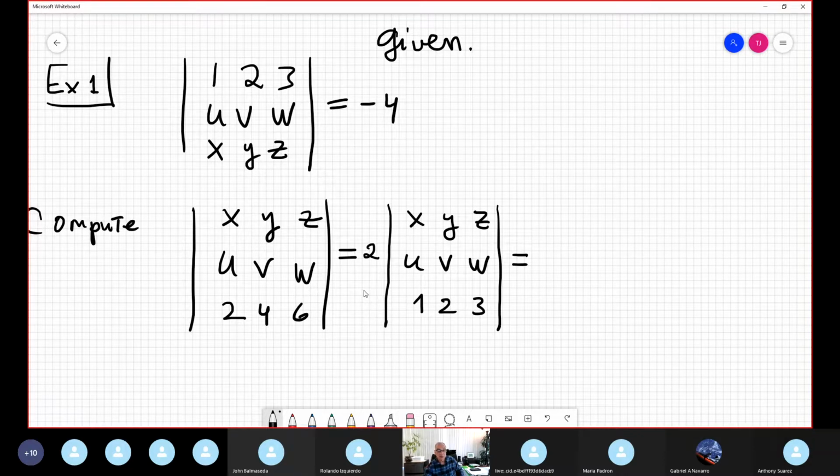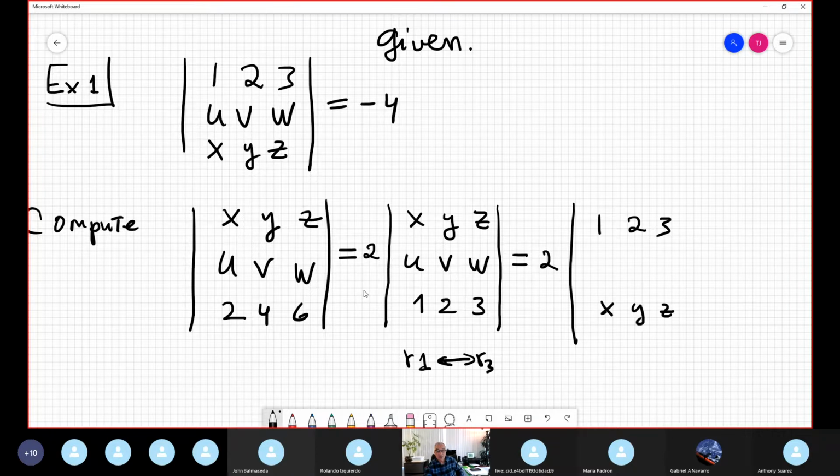For example, you swap row 1 and row 3. So, 2, don't forget that 2. When you swap and you put 1, 2, 3, and you put here X, Y, Z, and this stays U, V, W, because I never touch U, V, W.